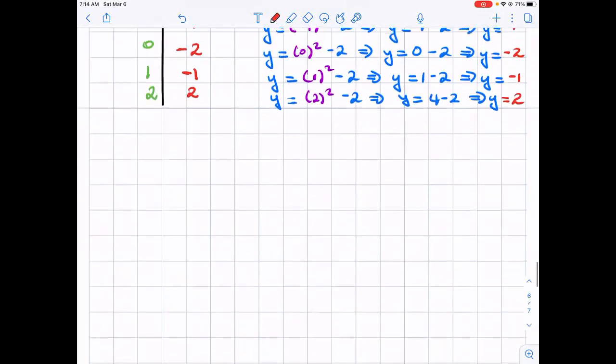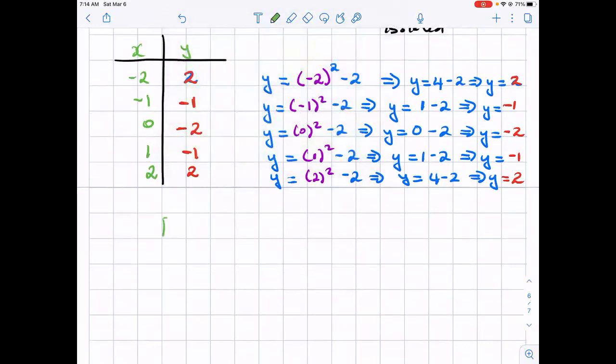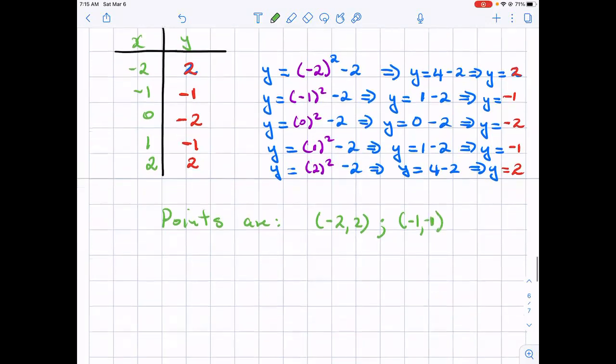So now if we plot our points, the ordered points are minus 2, 2; minus 1, minus 1; 0, minus 2; 1, minus 1; and 2, comma 2. So those are the points we want to plot.